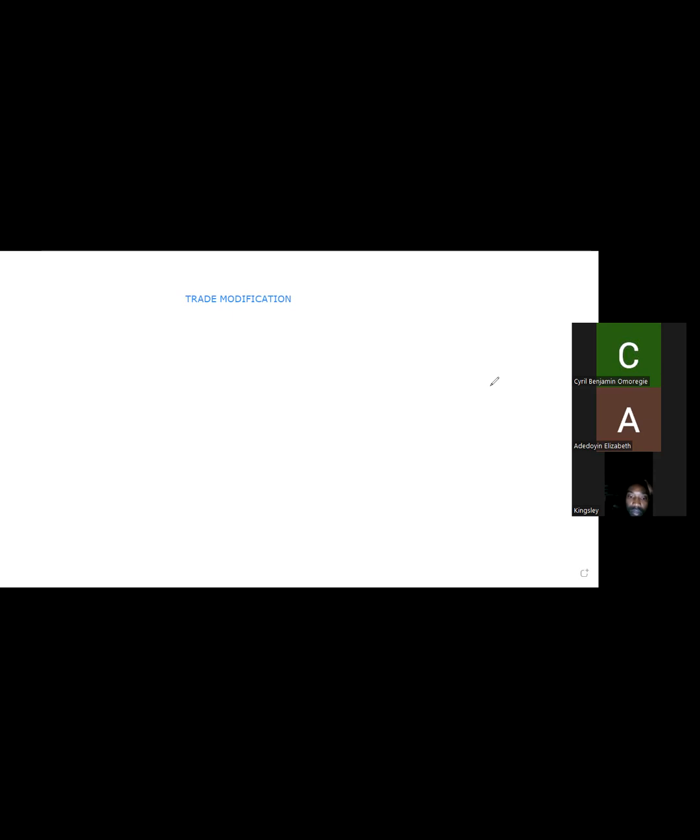Okay, so everybody right now, trade modification means to put stop loss or take profits. Write it down. Trade modification means to put stop loss or take profits. Let me type it on the screen.